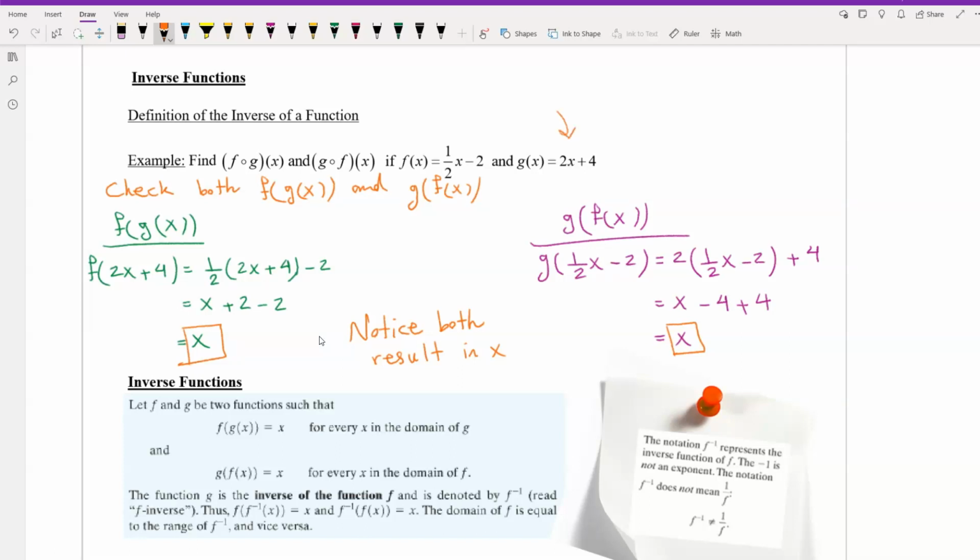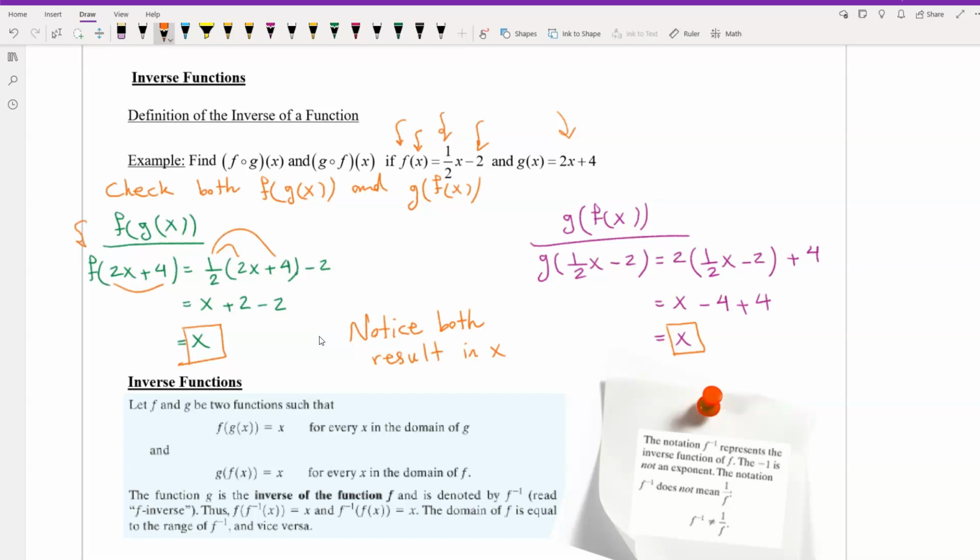So we have to find f of 2x plus 4, and this is our outer function. So use f(x), and instead of x, we use 2x plus 4. So that is equal to 1 over 2 times (2x plus 4), and then subtract 2. Distributive property, 1 over 2 times 2x is x, 1 over 2 times positive 4 is positive 2, and then subtract 2. So the answer for this part is equal to x.